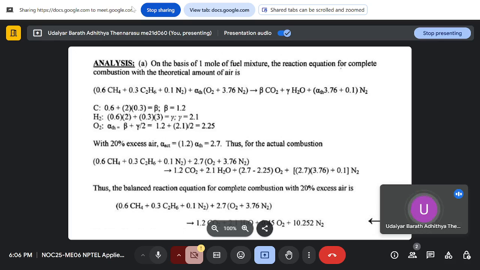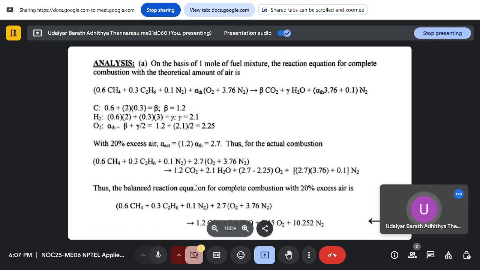We know beta and gamma, so substituting, we find alpha comes out to be 2.25. Alpha is 2.25, but since we are using 20% excess air, multiplying this by 1.2 gives us 2.7. So we will be using 2.7 moles of air.